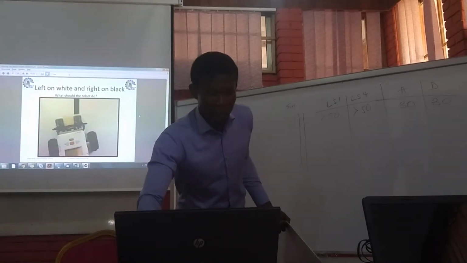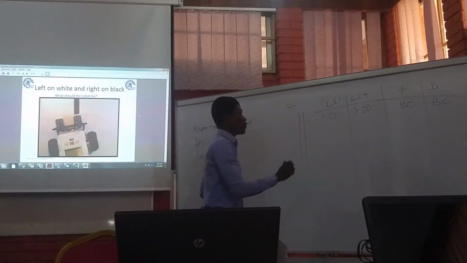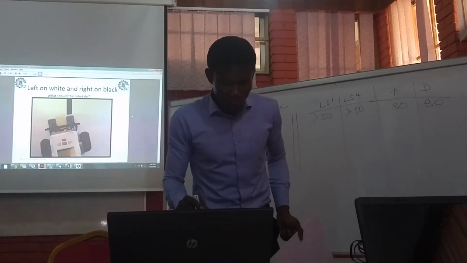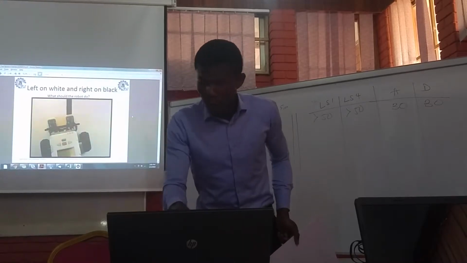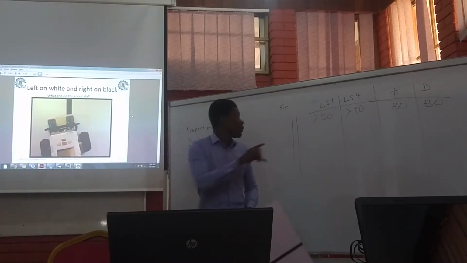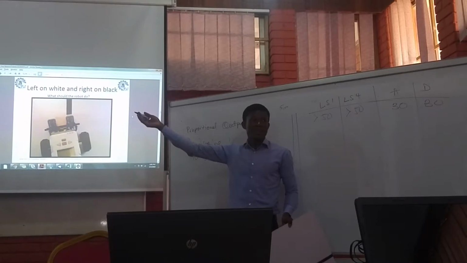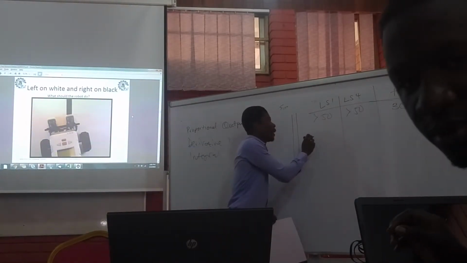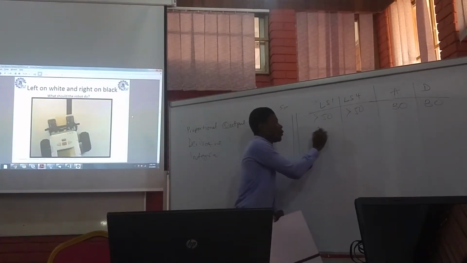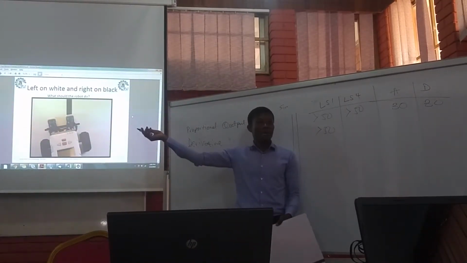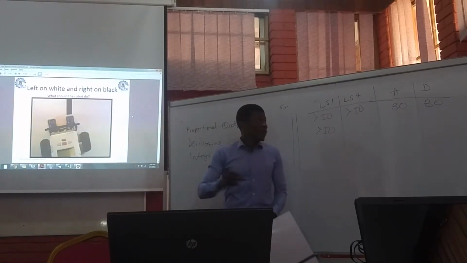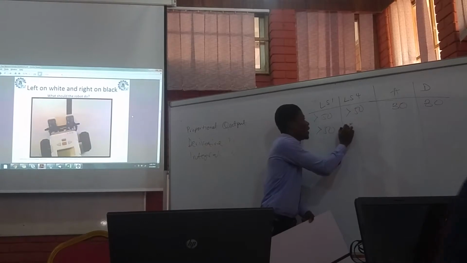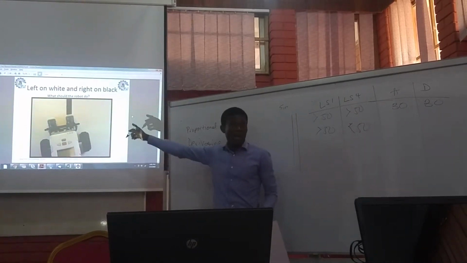If it happens to be the situation such that one of them is on the black, let's say light sensor 1 has a value greater than 50 because it is on the white, and the left sensor has a value less than 50 because it is on the black.